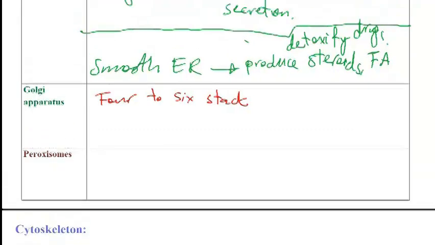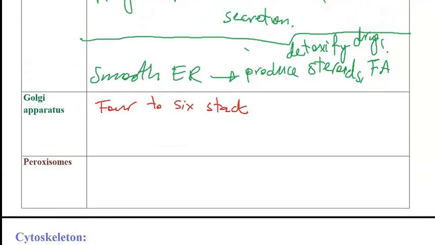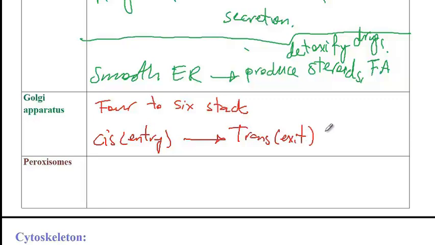So the cis or entry face of the Golgi apparatus usually faces the rough endoplasmic reticulum because it wants to receive all the proteins and vesicles from the rough endoplasmic reticulum. And then the side where vesicles exit is called trans or exit, and this side is usually facing the cell membrane.